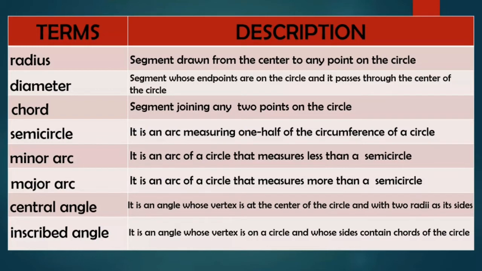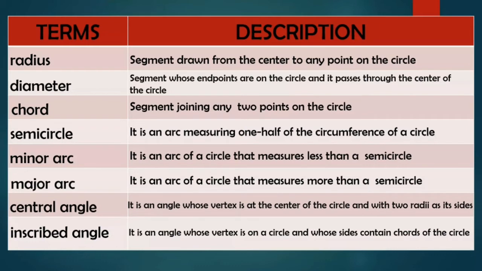The radius is the segment drawn from the center to any point on the circle. Next, we have the diameter. The diameter is a segment whose endpoints are on the circle and it passes through the center of the circle. Next is the chord. The chord is a segment joining any 2 points on the circle.